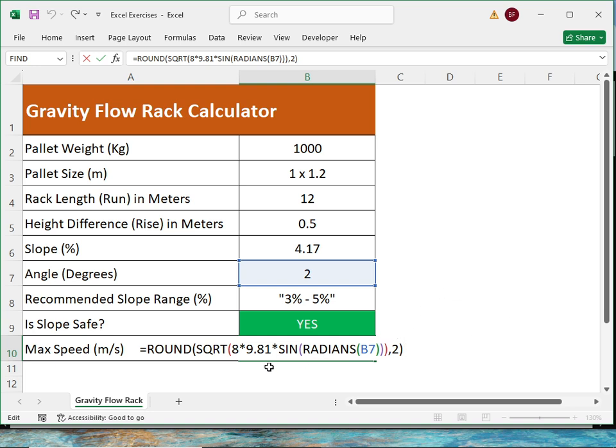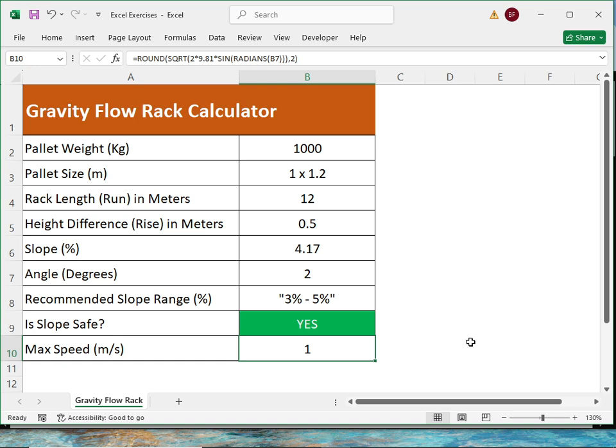So you get a maximum speed of 2. This is too fast. Why? Because this is 8. It should be 2 only. The pallet will be sitting on the rollers on top of the gravity flow rack, and it will run with a speed of 1 meter per second.